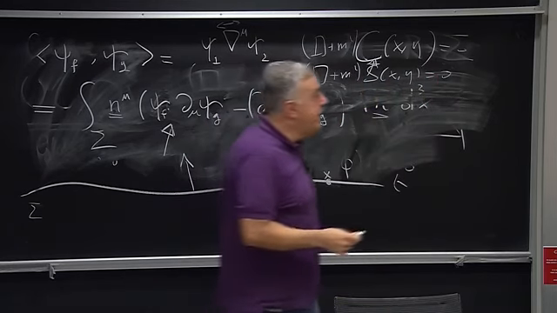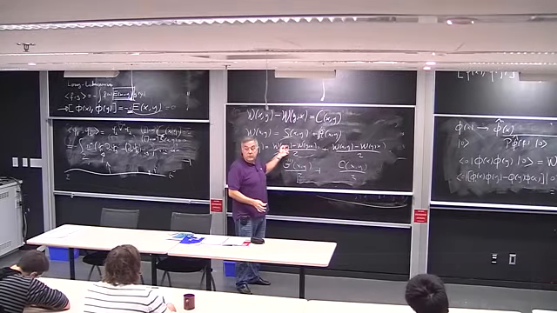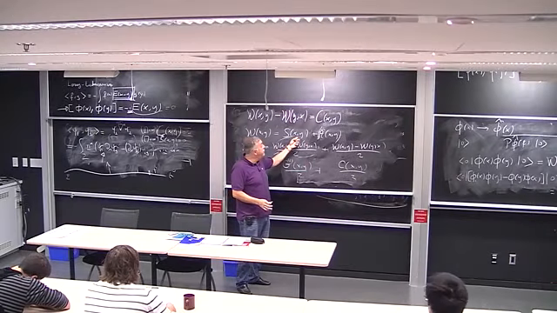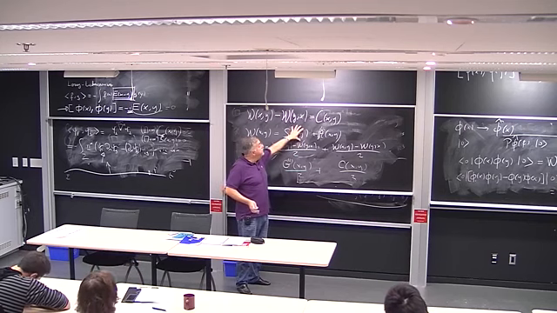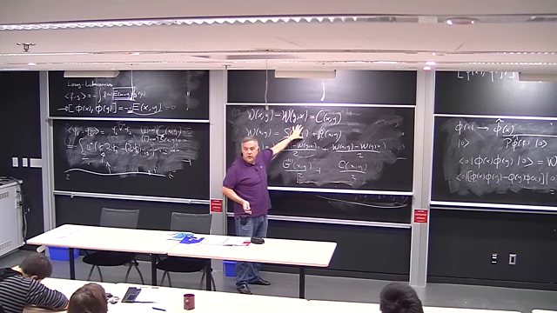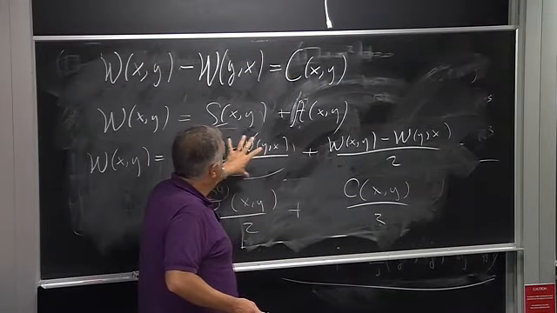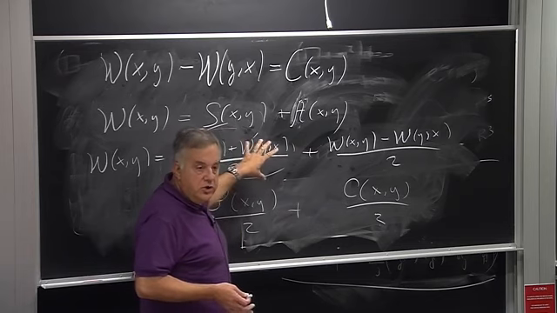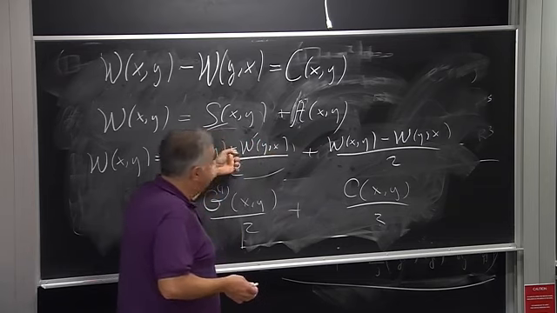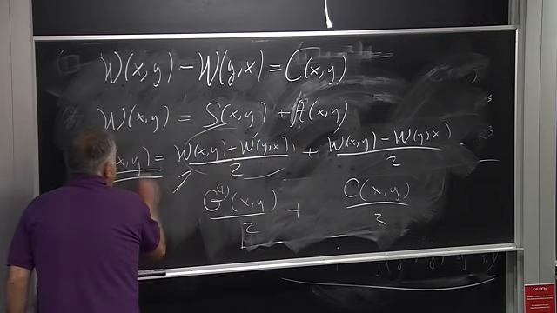Note that a symmetric solution does not contribute to the commutator, of course, because S of x and y minus S of y and x is 0. So this is, in a way, a classical function you can add here. You have the commutator, and you have to add the classical function. Let me speak in this way, which is not very precise, but this function does not contribute to the commutator to get the two-point function.